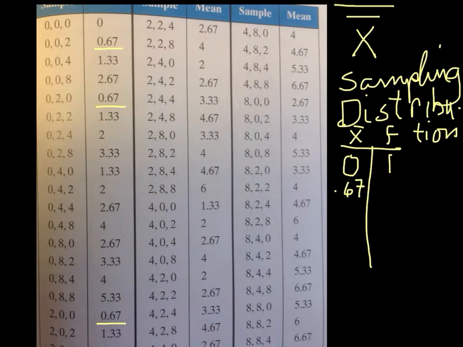Oh, here's a 1.33 down there, right here, and a 1.33 there, and one here. And so I believe that is all of them, the 1.33s. I don't see any others, so I would say there would be 6 of those.